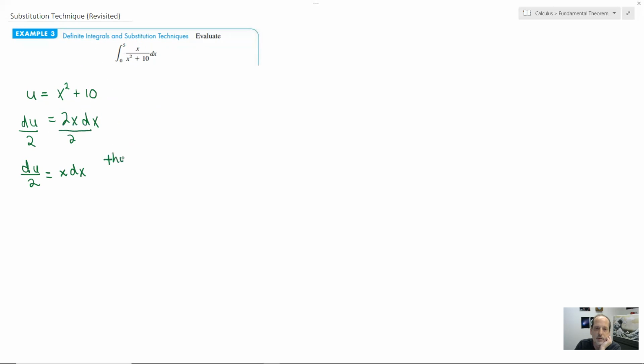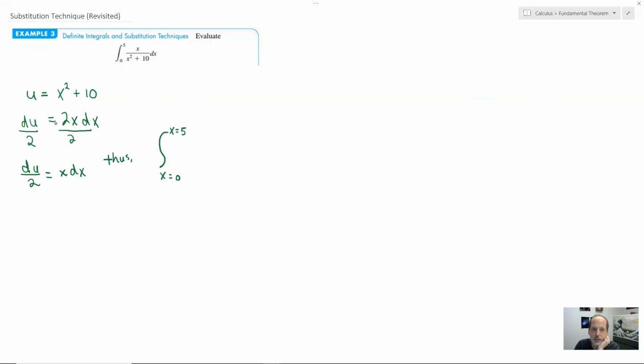Thus, remember these are in terms of x, so since x is no longer appearing in the integrand, I'm going to not get that confused by saying x.